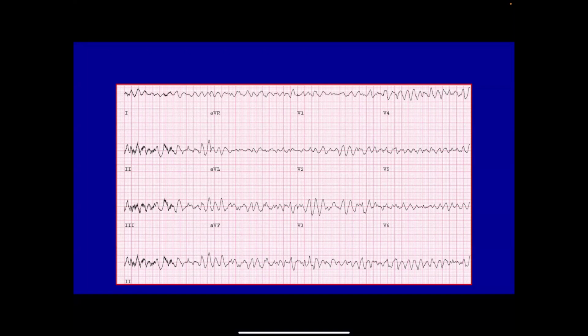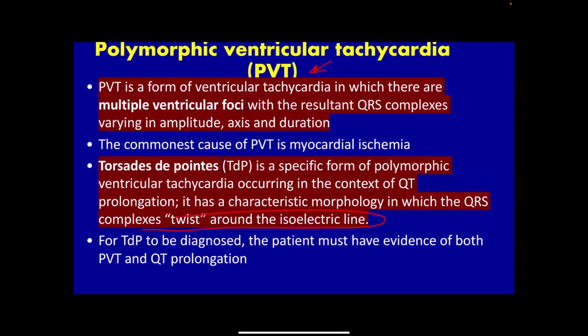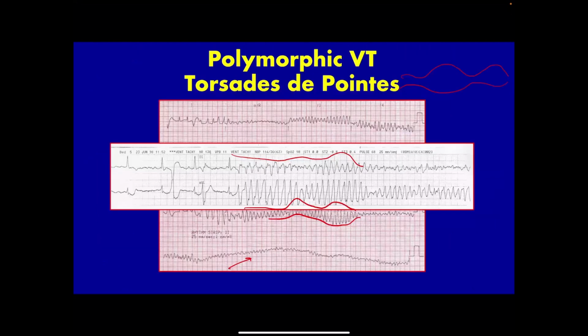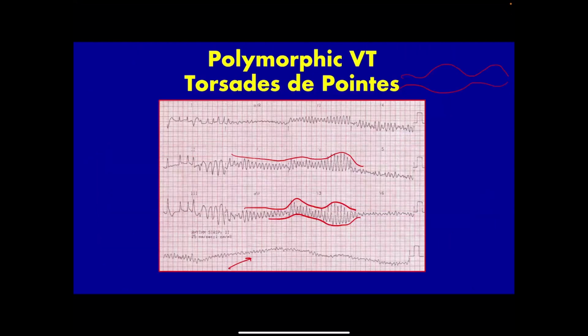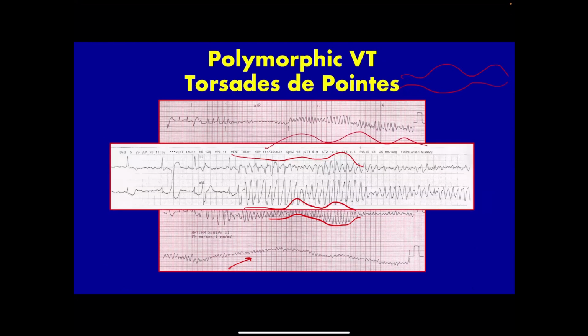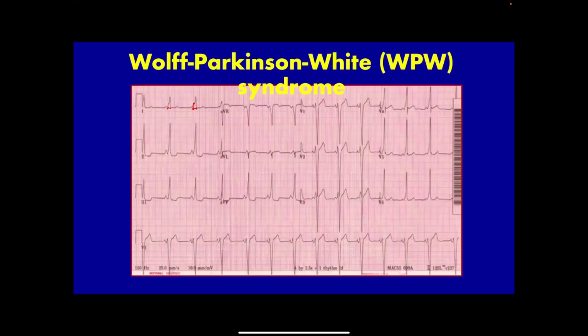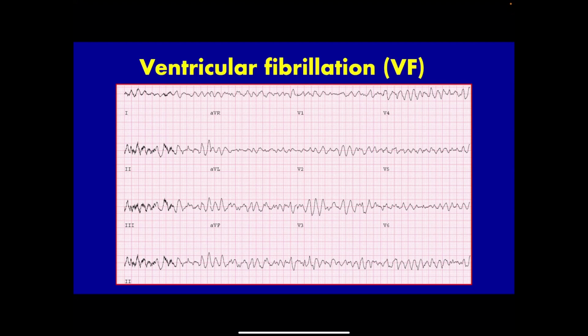VF. Yes, exactly. This is ventricular fibrillation. Do you see the difference? Let me just show you again. See the difference? There's no pattern or anything. This one has a pattern, which is the sinus like this. And this one doesn't have any pattern.